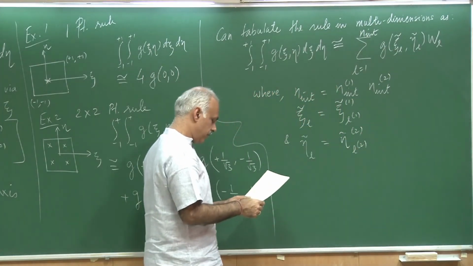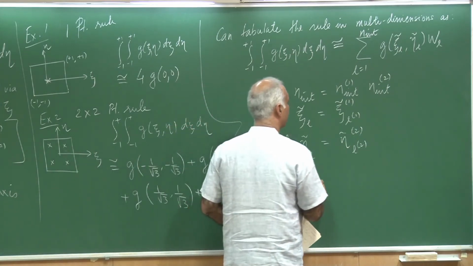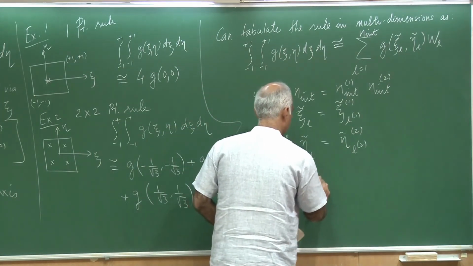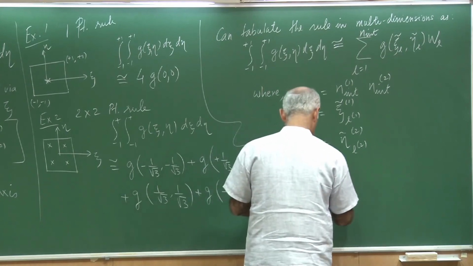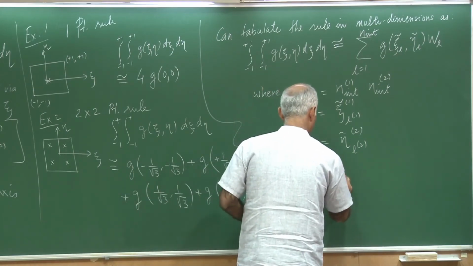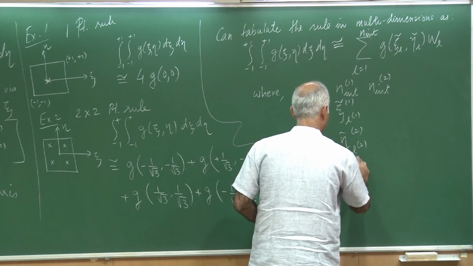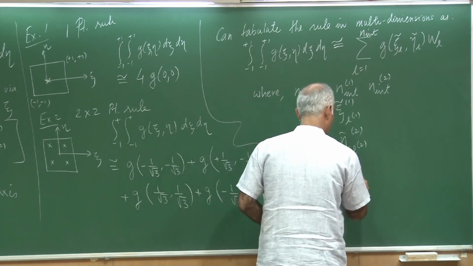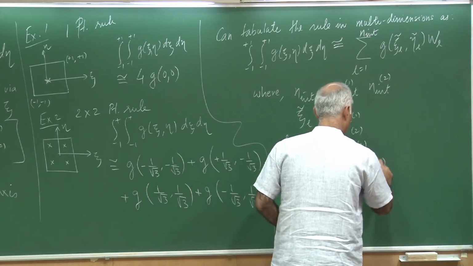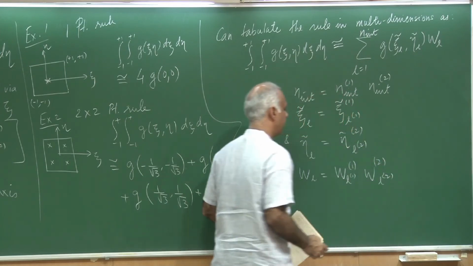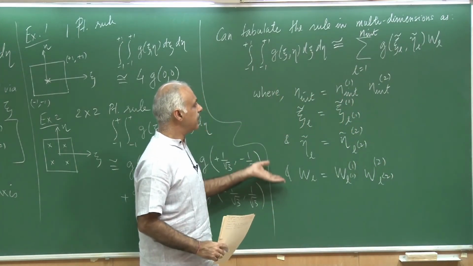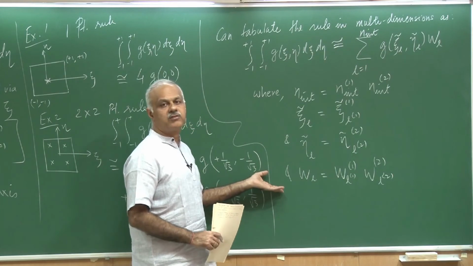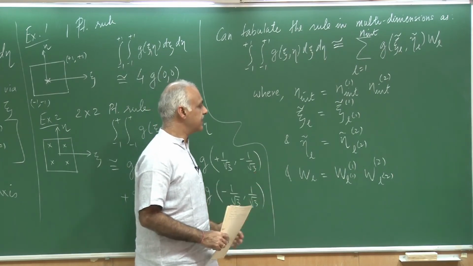It is just a way of tabulating, and of course, W L is given as W L1 times W L2. So, I can just tabulate it in this manner and not worry about the indices along either direction.